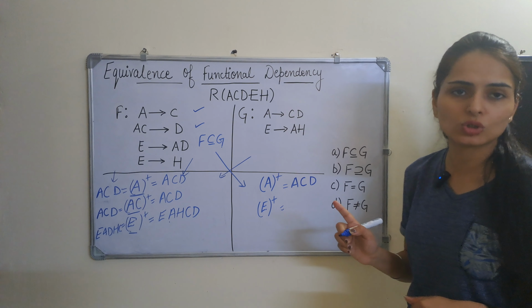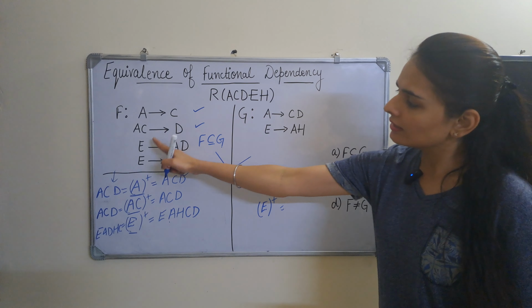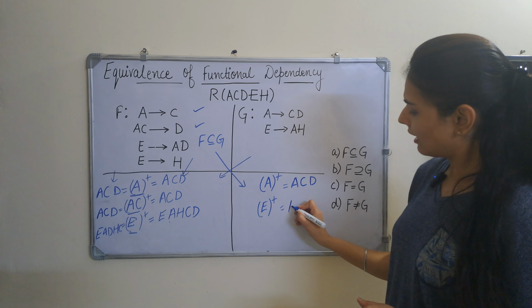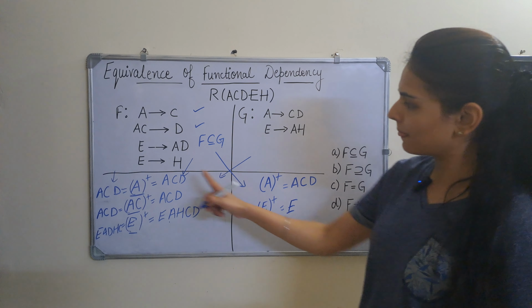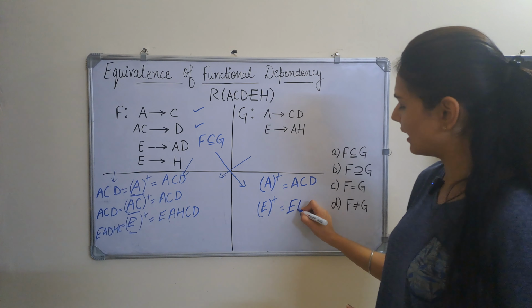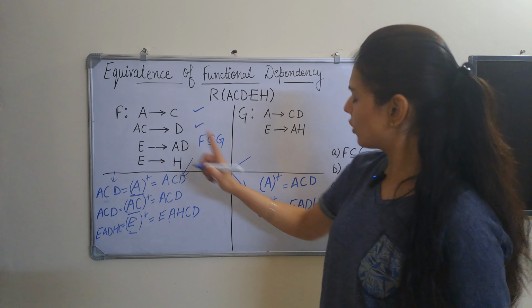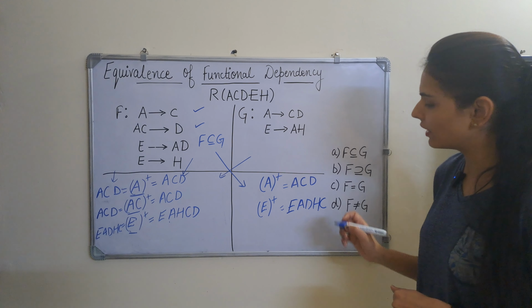So this is the closure set of A for this set of functional dependencies. Now for E, we can write E, then for that we have AD, and then we have H, and if we know A, we also know C, and if we know AC, we also know D, but D we already have over here.